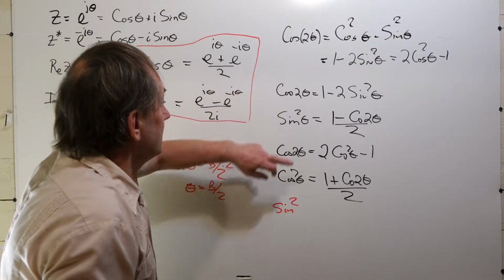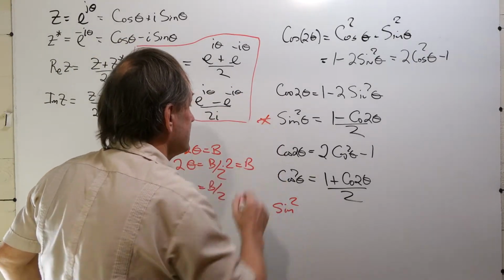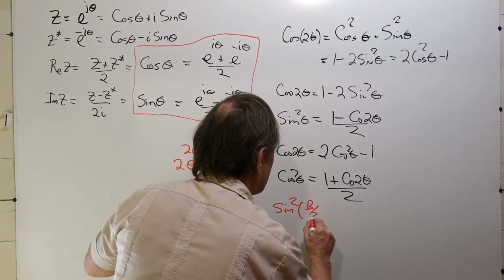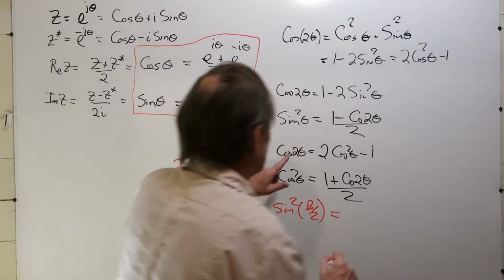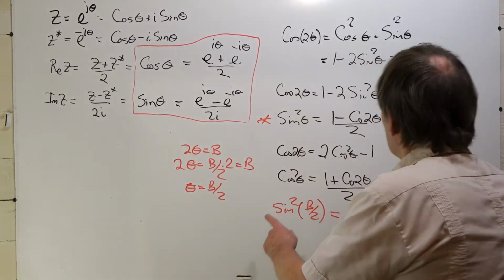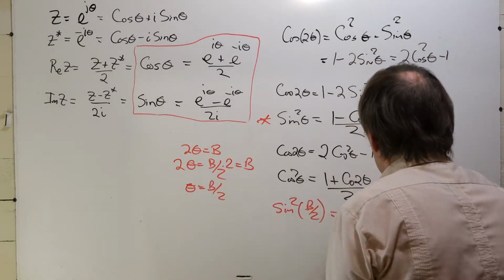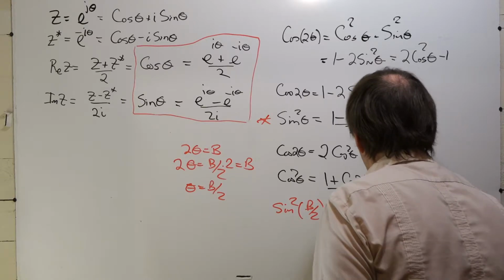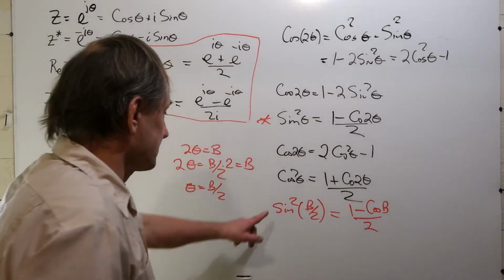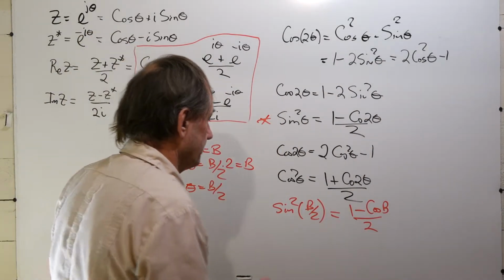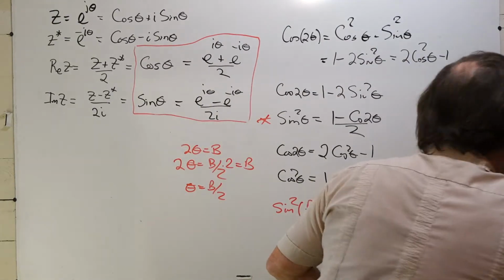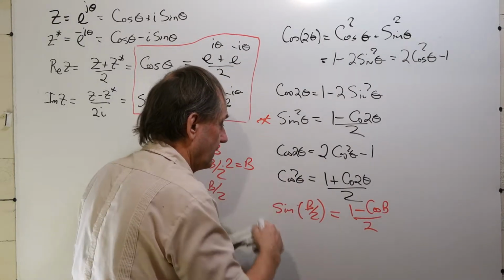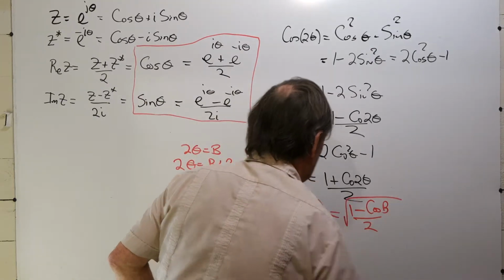So in here, we're starting with this equation. Sine squared of theta is sine squared of b over 2. And this is equal to 1 minus the cosine of 2 theta. Well, 2 theta is b, over 2. Now, if I take the square root of both sides to get sine b over 2 alone, this becomes a square root.